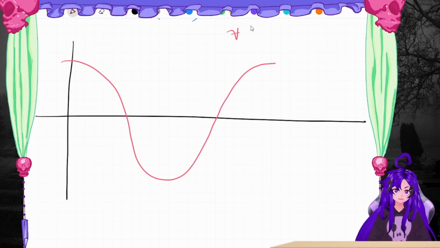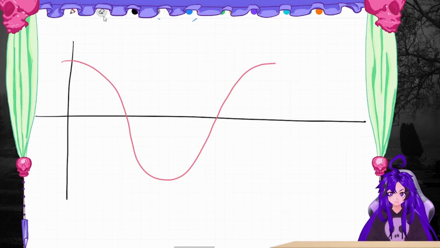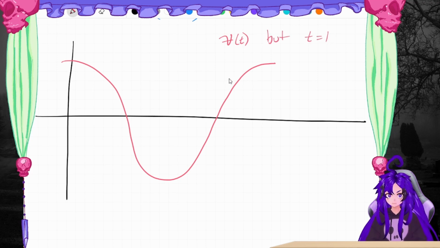Before chapter 9, voltage was nice because it was only one number. It wasn't a function. Well, if you have voltage as a function of time, but you choose a time, what do you have? You've got just a number.